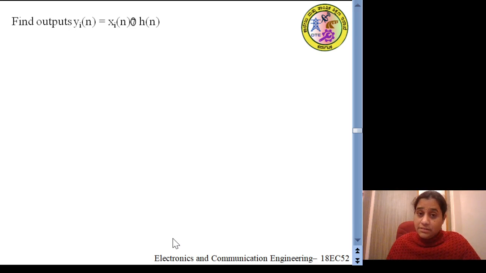We will obtain yi of n by circular convolution of the block of input with the impulse response. As the length of the block we are considering here is 7 and we are making the length of the impulse response 7, we are doing 7-point circular convolution to obtain blocks of output. That block of output is of length 7.